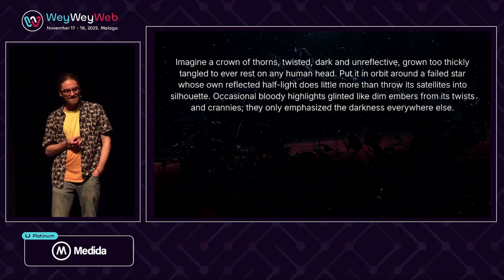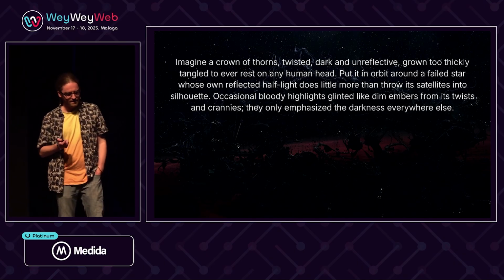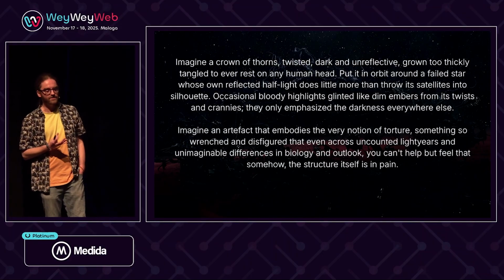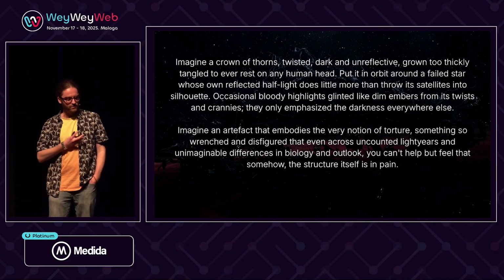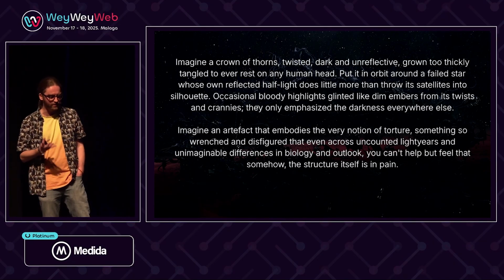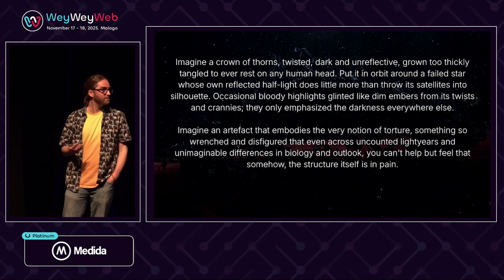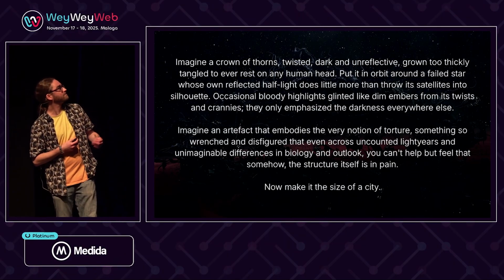Occasional bloody highlights glinted like dim embers from its twists and crannies. They only emphasize the darkness everywhere else. Imagine an artifact that embodies the very notion of torture, something so wrenched and disfigured that even across uncounted light years and unimaginable differences in biology and outlook, you can't help but feel that somehow the structure itself is in pain. Now make it the size of a city.